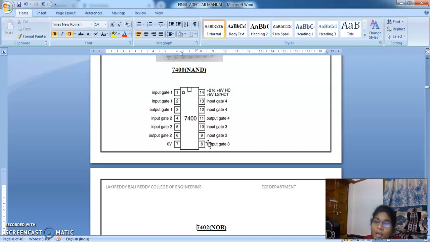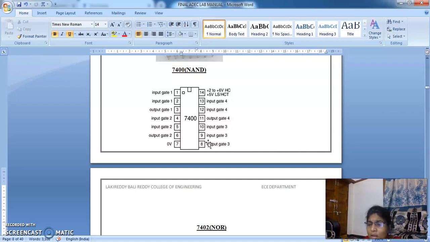How many inputs and outputs does each NAND gate have? If we consider a 2-input NAND gate, we have 2 inputs and 1 output, so only 3 pins. A and B are the inputs, and Y is the output.